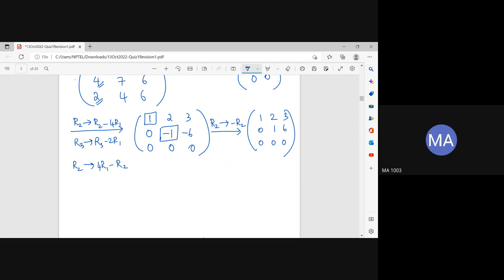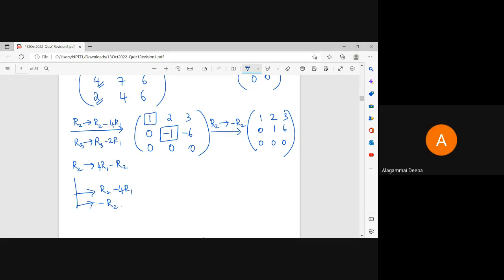See, you're not allowed to do this. You have to keep R2 as it is. You shouldn't do any scalar multiplication on R2. So you will be doing this in 2 steps. First you will do R2 minus 4R1 and then you will multiply it with a minus sign.